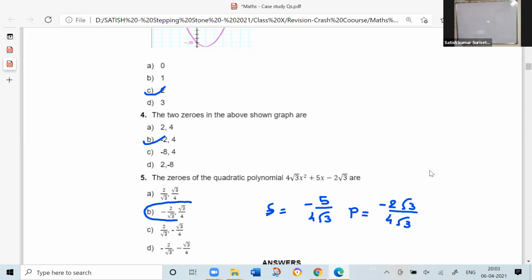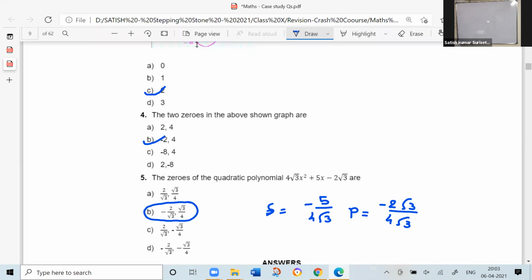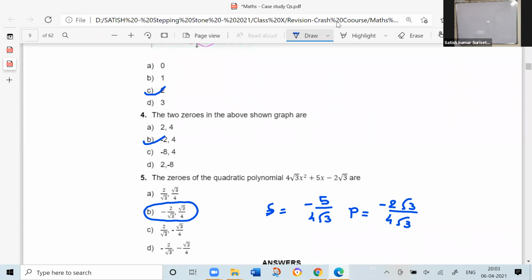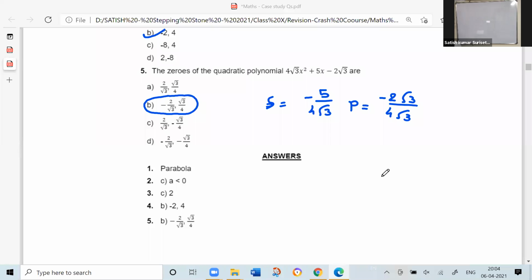Option B. So the fifth problem answer is D.